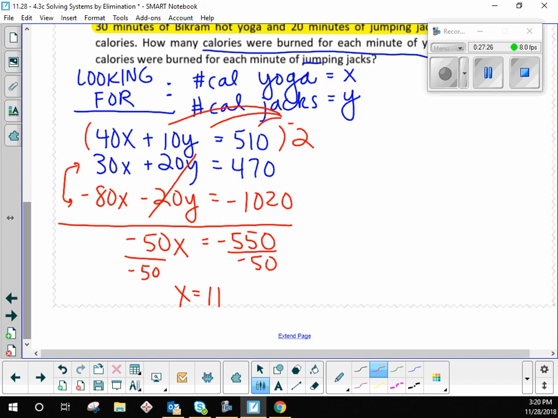So x equals 11, but I still need to know y. So I take that x, I plug it into a different equation. Which equation do you want? Top or bottom? Bottom? Okay. So 30 times x, which is now 11, plus 20y equals 470. So 30 times 11, what's 3 times 11? 33, and then we add that 0 on the end.